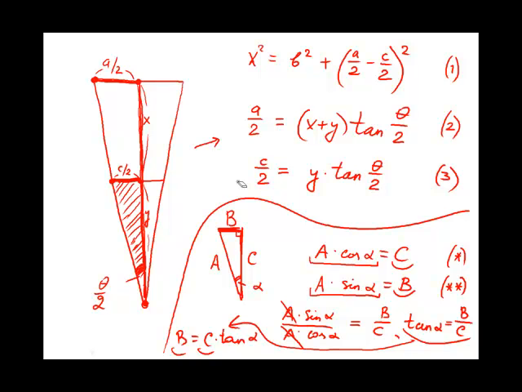Now, from this moment, we just need to use some mathematical manipulations to solve this system of three equations. Solve for theta eventually. Let's see, how can we get our theta from here?